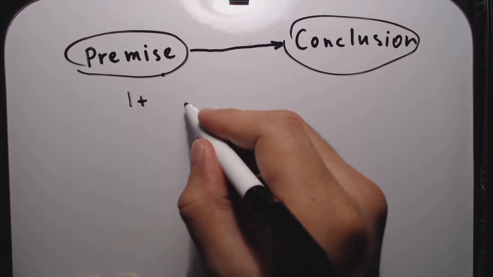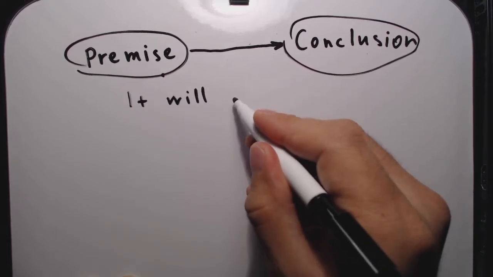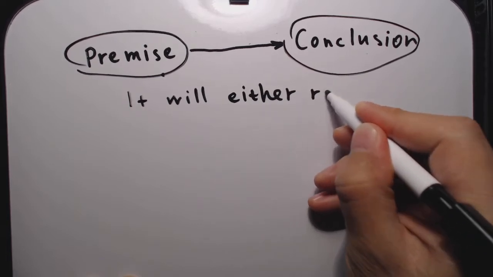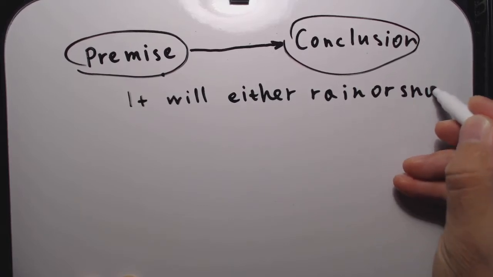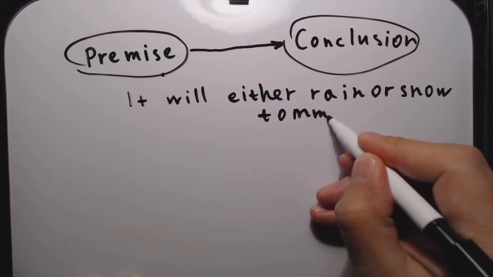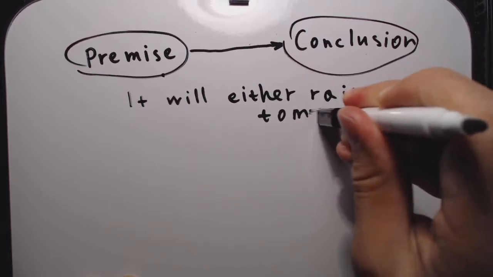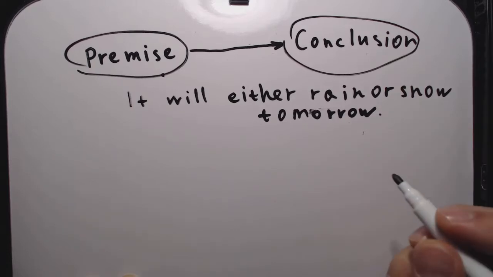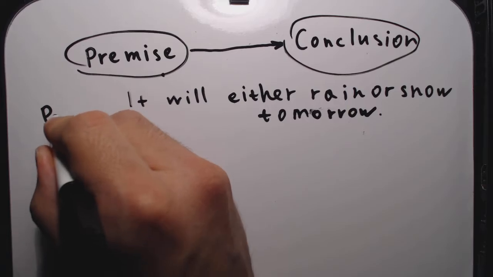So this is our premise. First premise: it will either rain or snow tomorrow. Sorry, I made a mistake. It will either rain or snow tomorrow.